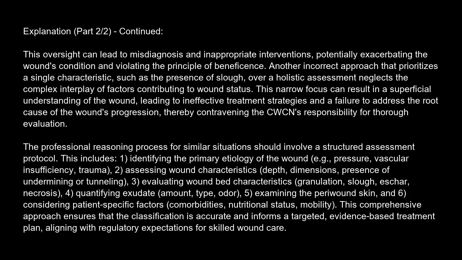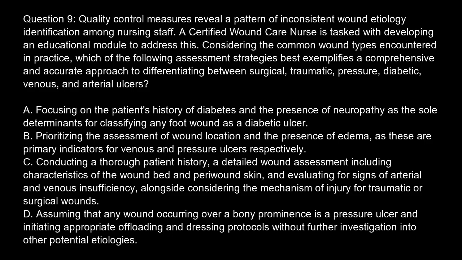Quantifying exudate amount, type, odor. 5. Examining the periwound skin. And 6. Considering patient-specific factors, comorbidities, nutritional status, mobility. This comprehensive approach ensures that the classification is accurate and informs a targeted, evidence-based treatment plan, aligning with regulatory expectations for skilled wound care. Question 9.